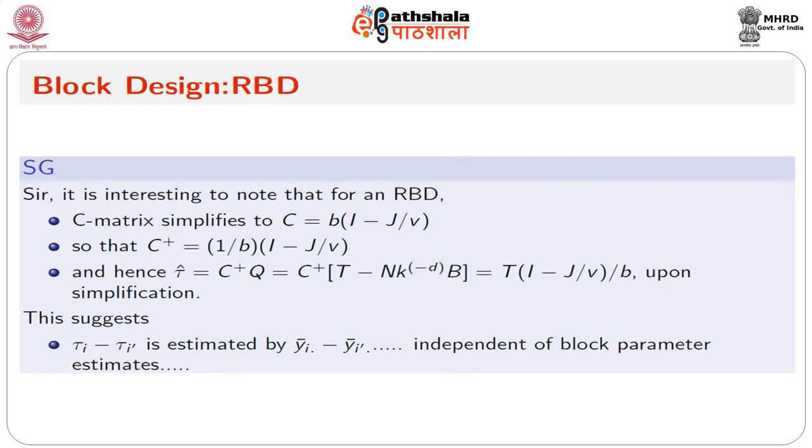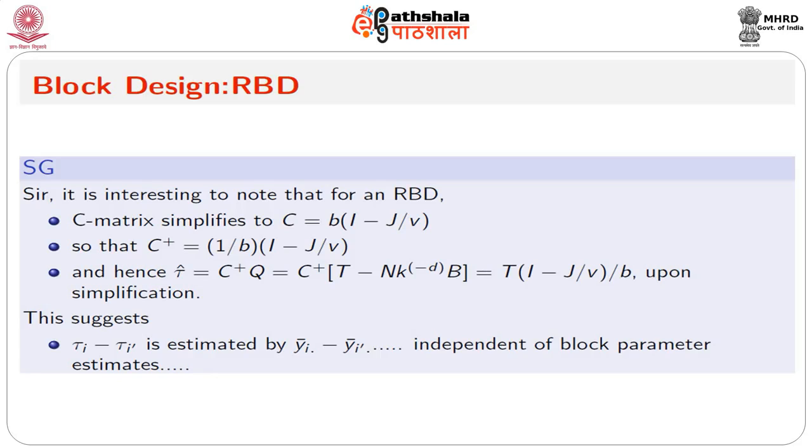Sir, it is interesting to note that for an RBD, the C matrix specializes to C = B(I − J/V). So that C plus, that is the generalized inverse of C, is equal to 1/B (I − J/V). And hence tau hat has this expression upon simplification.